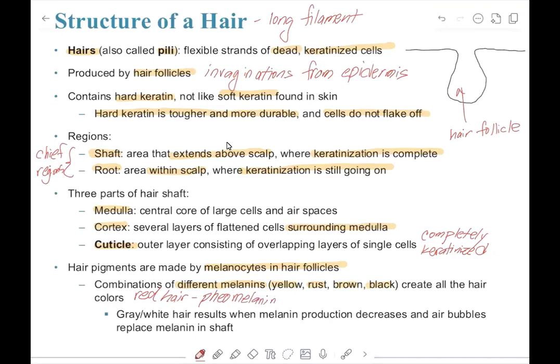And when the melanin is replaced by air bubbles, later on in life, this is when we get gray-white hair. It results from a decrease of melanin production, and air bubbles that replace melanin in the shaft.